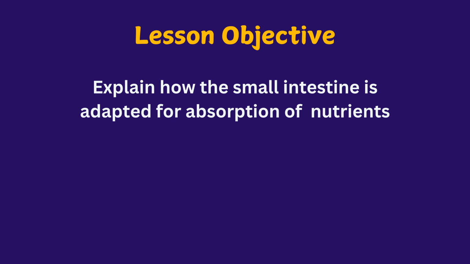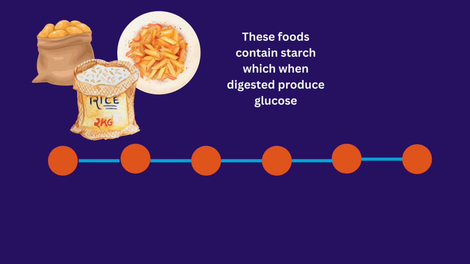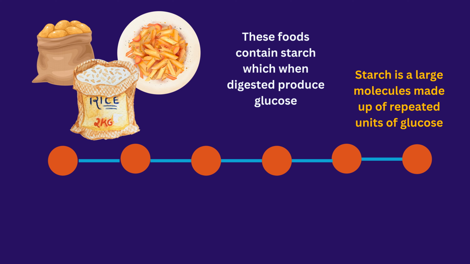The lesson objective is to explain how the small intestine is adapted for absorption of nutrients. The foods you are looking at on your screen, rice, potato, pasta, they all contain starch. And starch is a large molecule that is made up of repeated units of glucose, right?